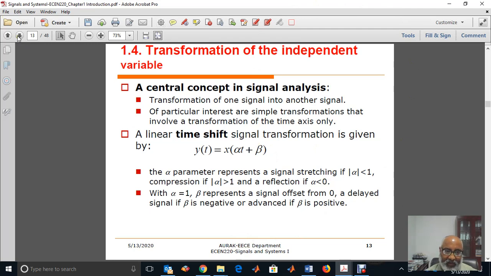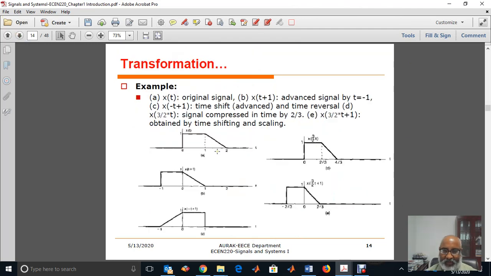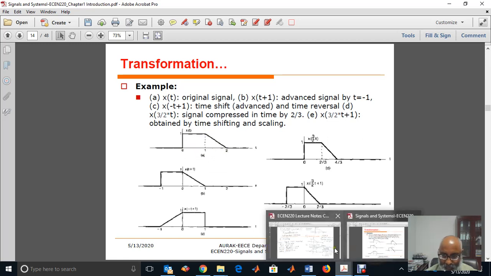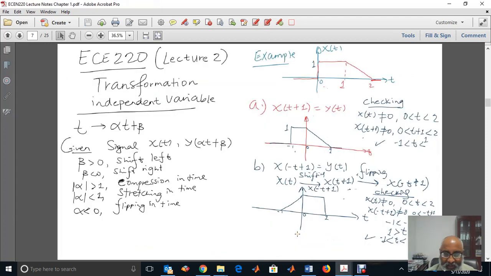Okay, it's better to see with examples here. For example, I have here a signal x of t from 0 to 2. From 0 to 1, it is 1, and between 1 and 2, I have here a decreasing slope. So we can see the additional lecture notes here.